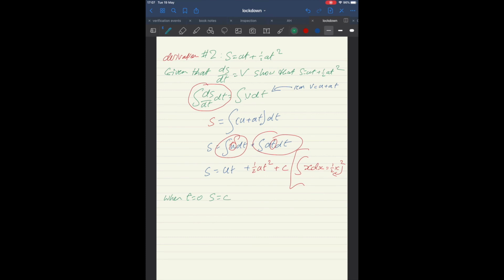Now by definition, if time hasn't happened yet, how far have you gone? Nowhere. So when t equals 0, s equals c, but when t equals 0, s equals 0. So c must equal 0, which is handy. So you get s equals ut plus a half at squared.